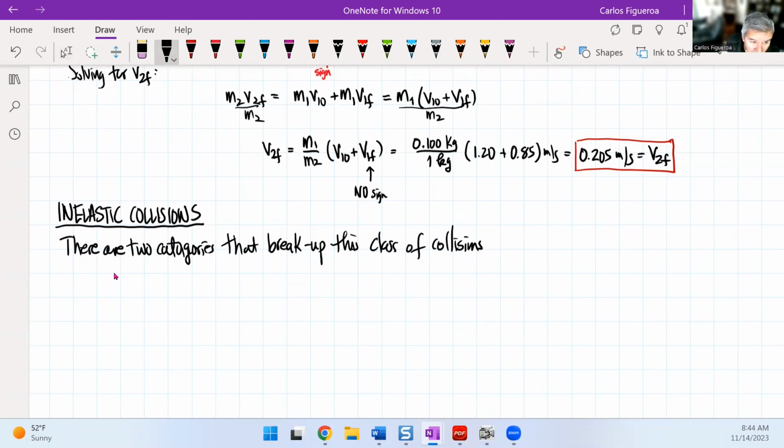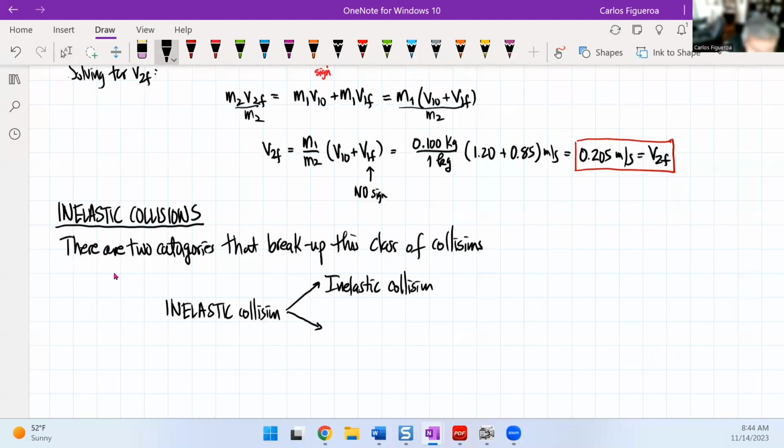Now, typically it shouldn't be broken up, but it is. The wording's a little bit slippery here. When I say the word inelastic collisions, I'm going to say that there are inelastic collisions, which sounds kind of crazy. There is an inelastic collision.